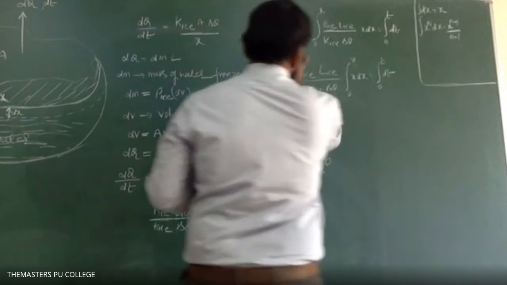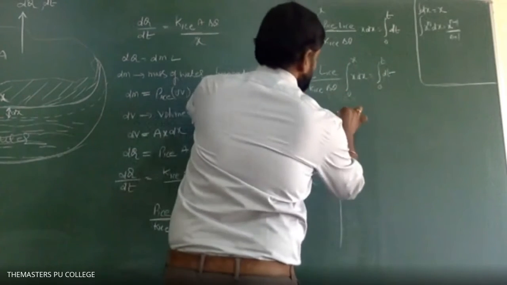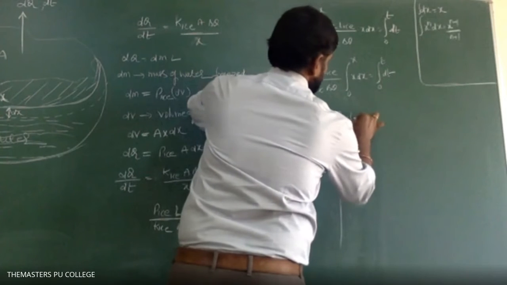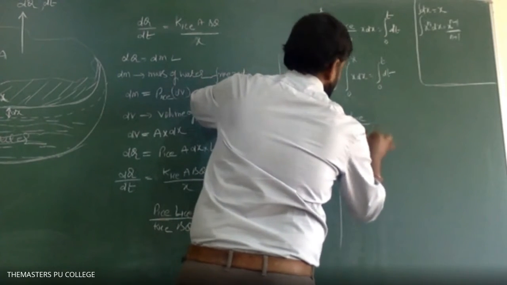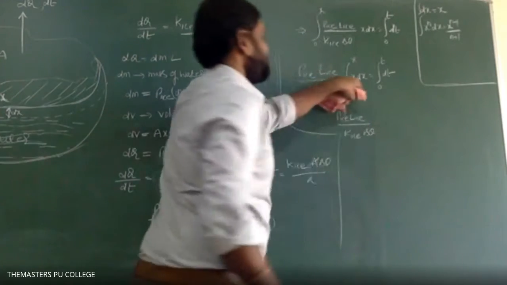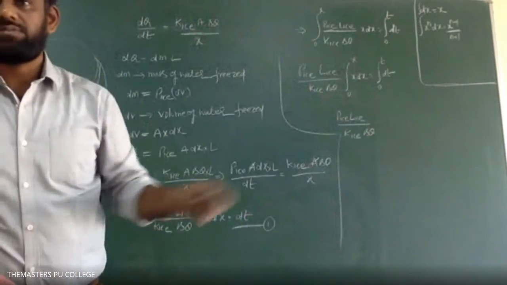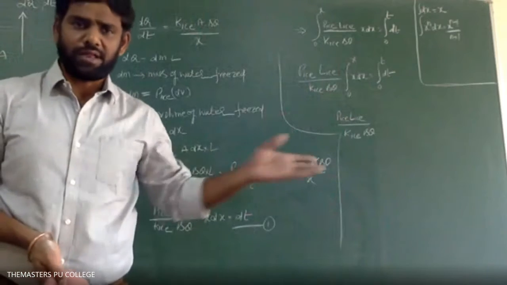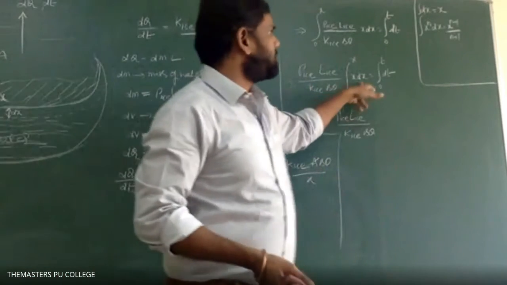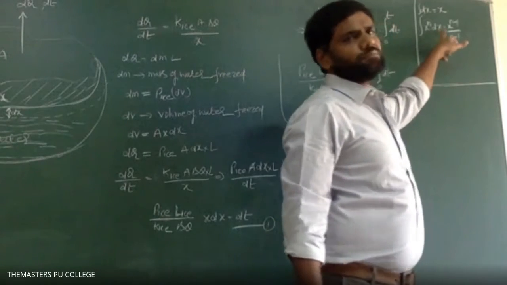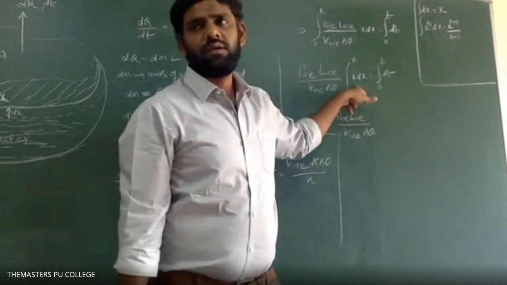Now if we substitute, density of ice, latent heat of ice divided by conductivity of ice into delta theta, x dx. Observe that x dx is in the form of x to the power of n dx, and in place of n there is 1.